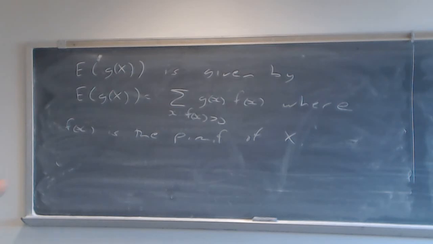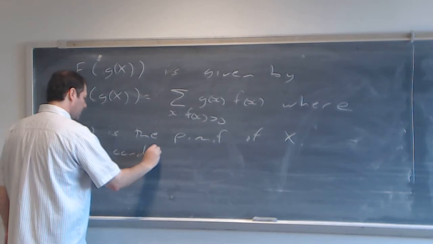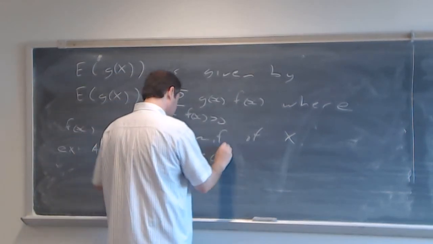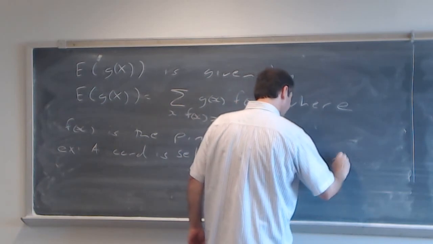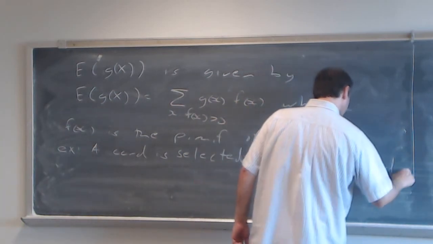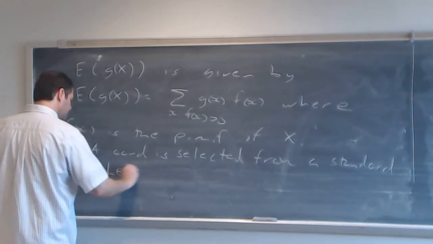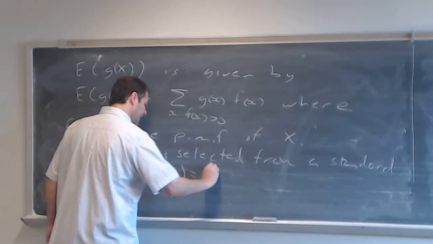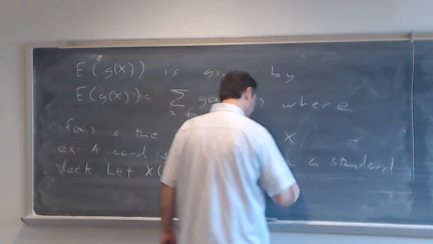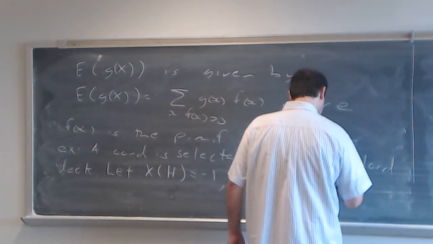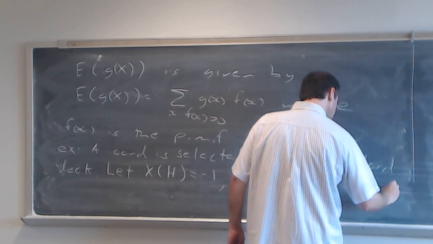Okay, let's look at one example, and then we'll call it quits. So, example, you're not going to believe this. It's the card example. A card is selected from a standard deck. I mean, it's the same example, okay? We're going to let X of the heart be -1, X of the diamond be 2, and X of the black card be 3.